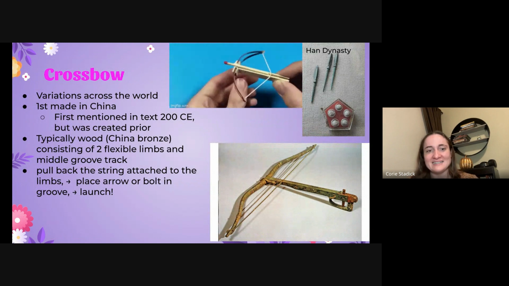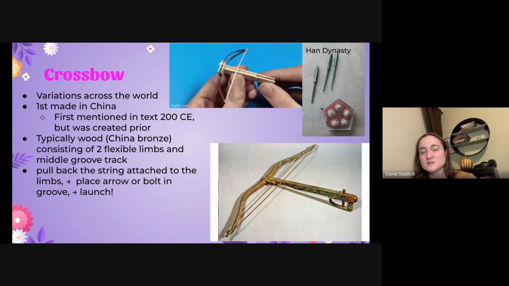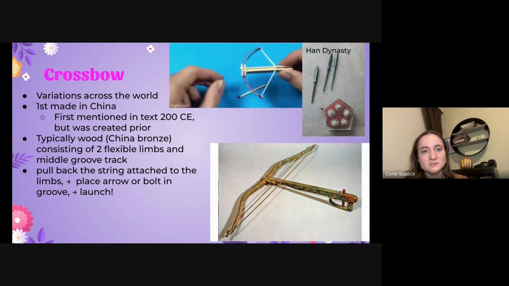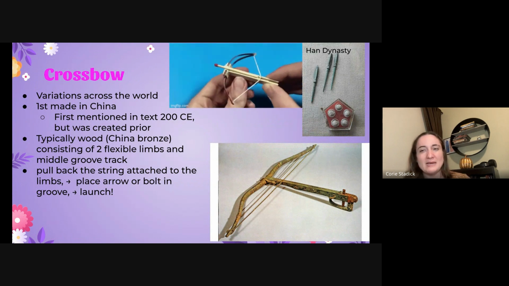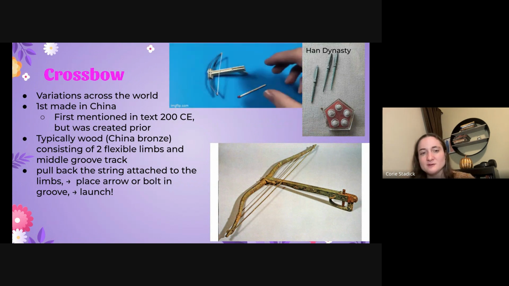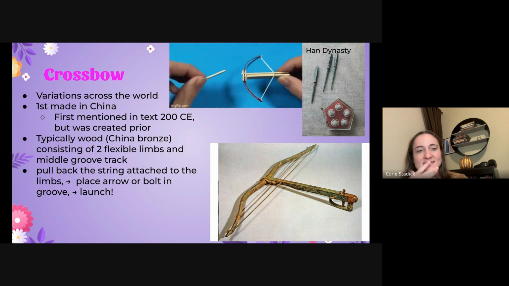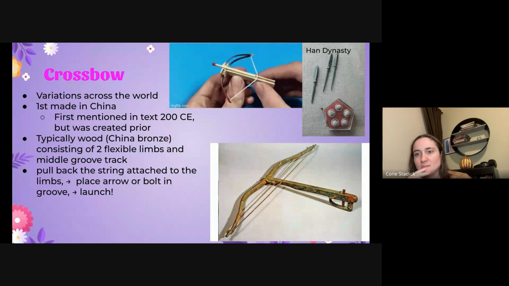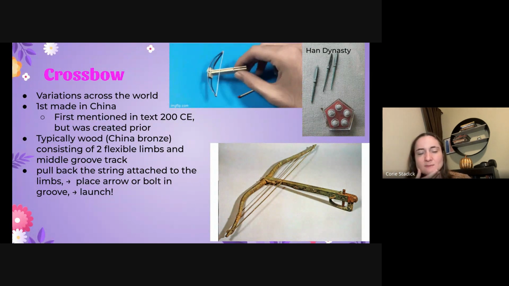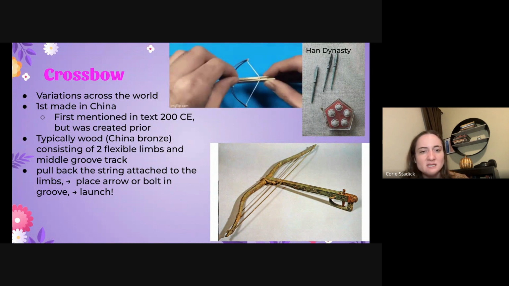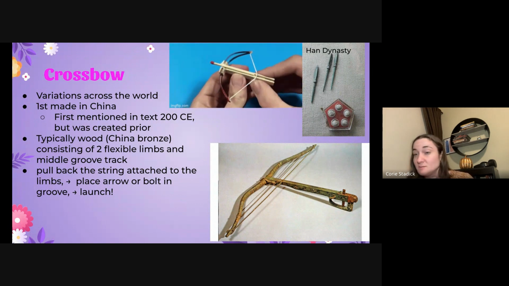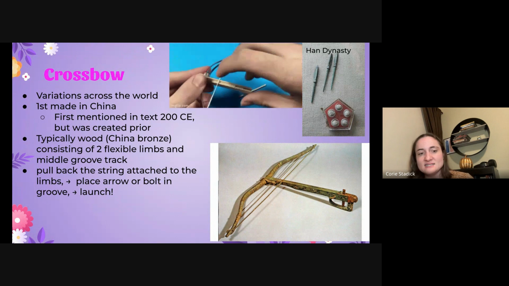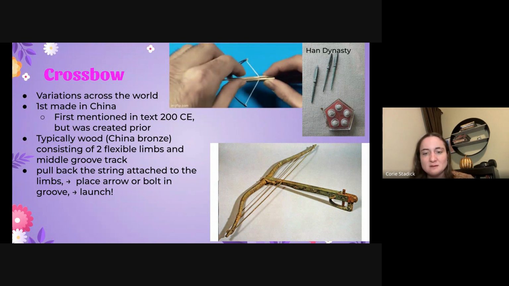Crossbows. Ooh, classic. So crossbows pop up all around the world, but the first one was made in China. It's first mentioned in a text about 200 CE, but it was created far prior to that, but historians just don't know exactly when. It was typically wood, but in China, it could also be made out of bronze, and it consists of two flexible limbs and a middle groove track.